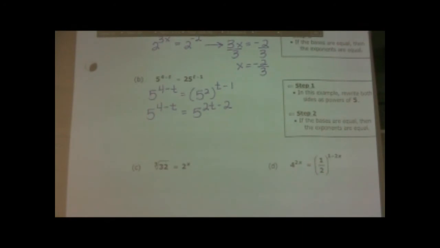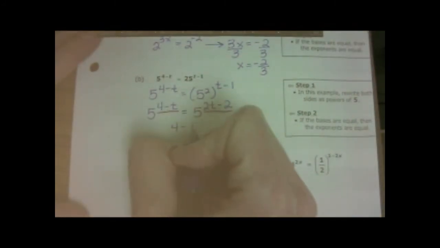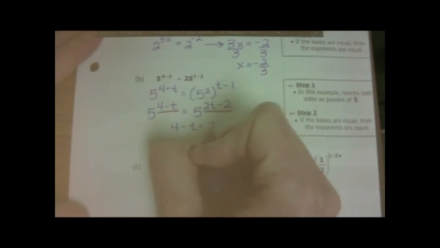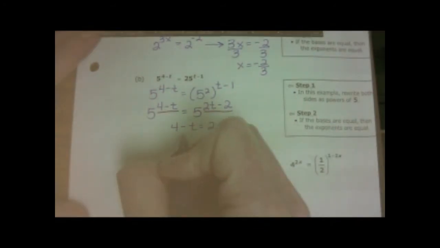Now I have the same base on both sides. All right? So now I know that my two exponents are going to be equal. This has to equal this. So I'm going to write that equation. 4 minus t equals 2t minus 2. First, add t to both sides.